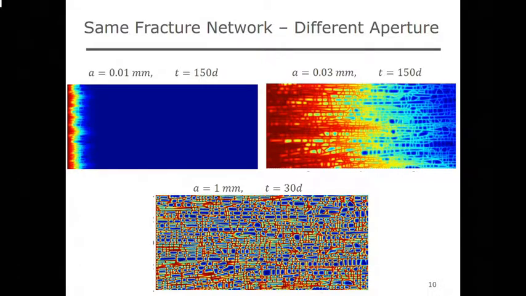If we have very small apertures, the water propagates in a pretty stable front, and we can sweep the oil out nicely. While if we look at the larger aperture, the water will just break through the fracture network, and we will leave most of the oil in the underground. So that's why fractures pose a significant challenge to the modeling.